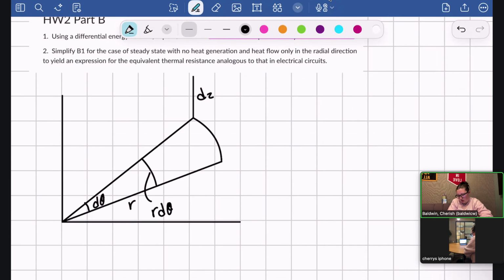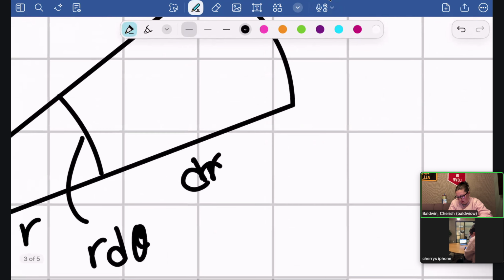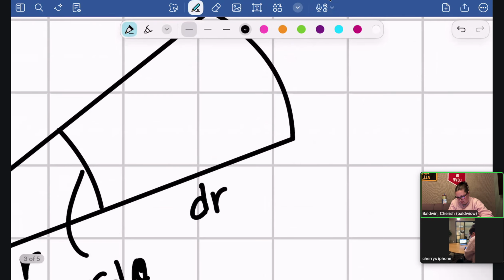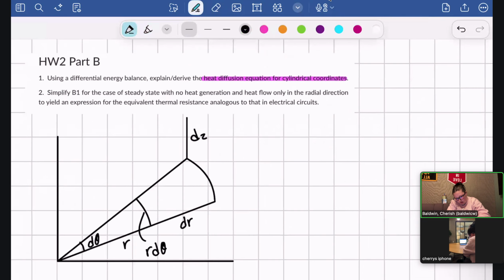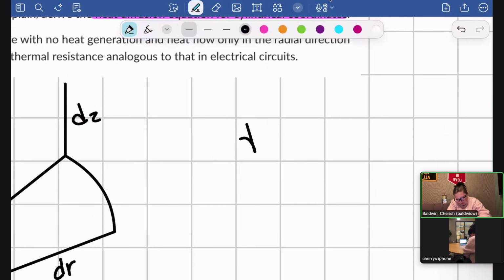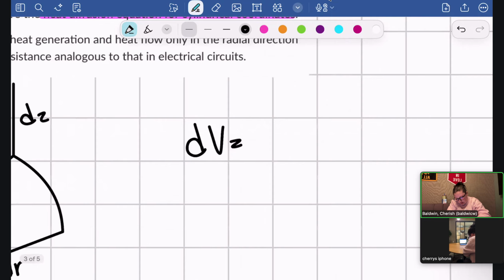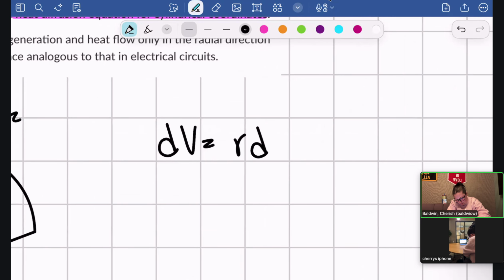The sliver has dimensions of r d theta, this is dr, and then dz. So the differential volume for this is r d theta dr dz.